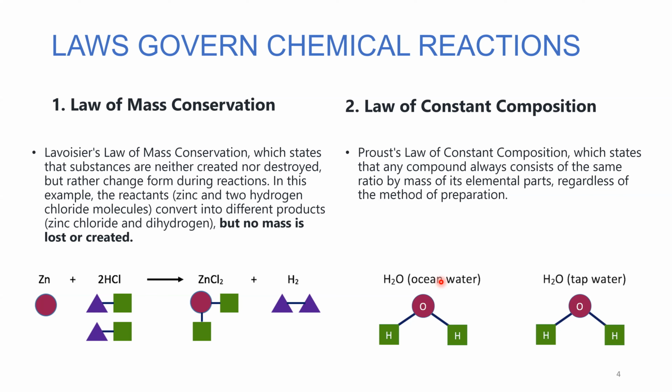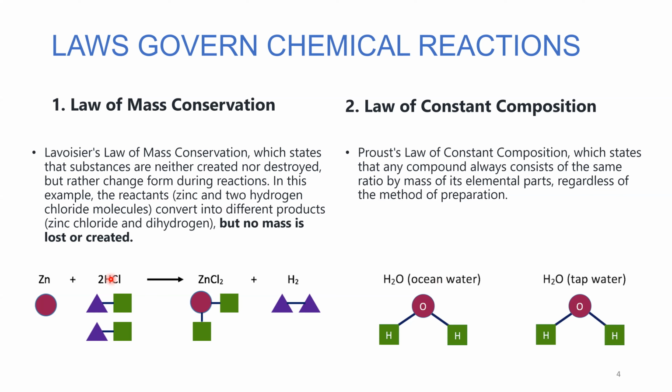The first one is the law of mass conservation. Lavoisier postulated this law, which states that substances are neither created nor destroyed, but rather change during a reaction from one form to another.